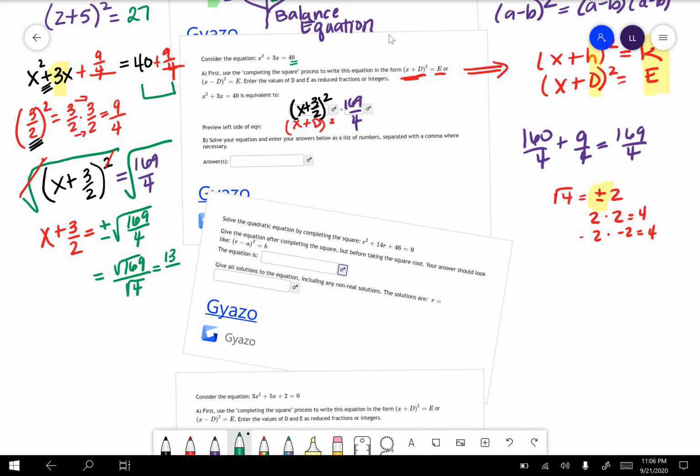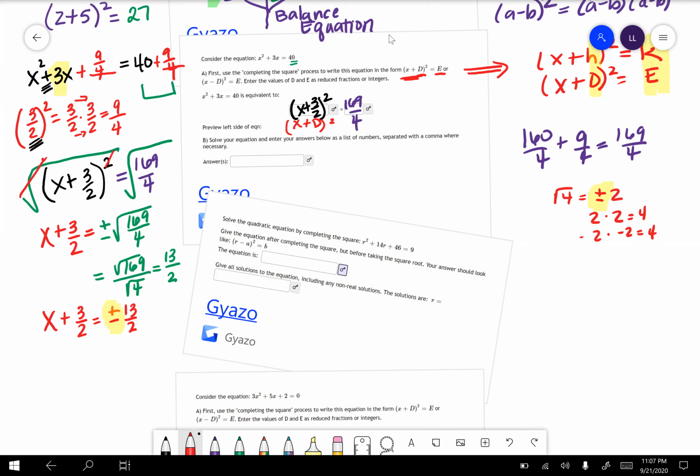The square root of 4 is actually 2. So that's 13 over 2. So we have x plus 3 halves is equal to plus or minus 13 over 2. Got to be careful. Got to include that plus or minus. That plus or minus is so important. If you don't include it, you're going to get the answer wrong simply because you forgot to include the plus or minus.